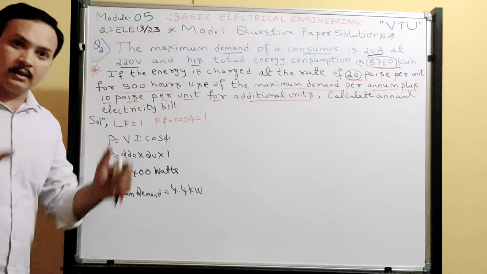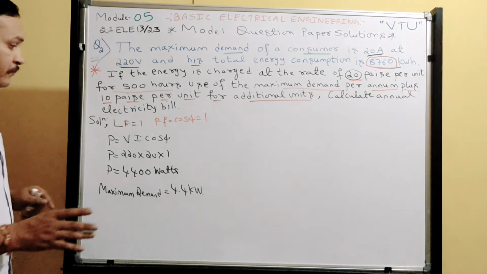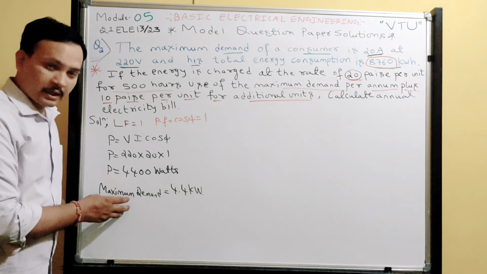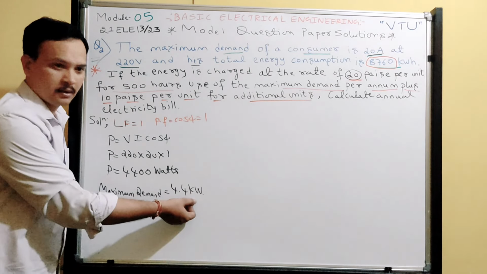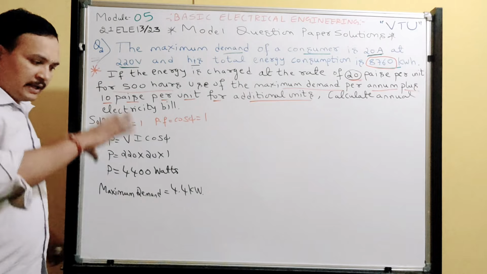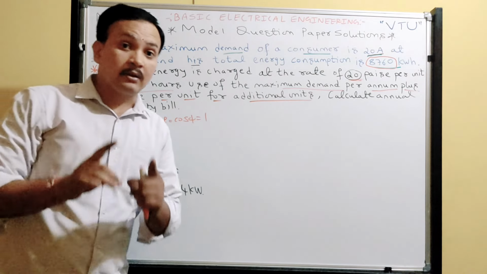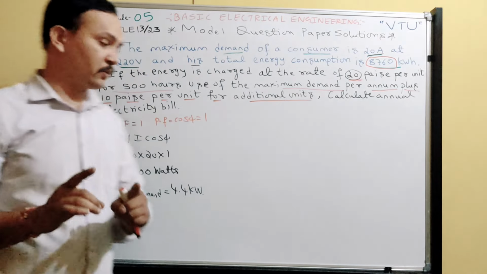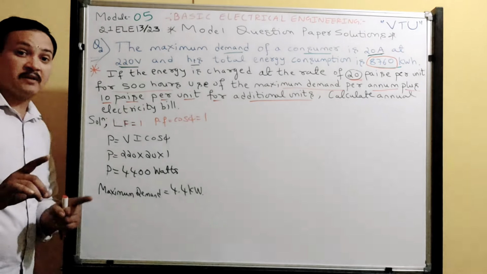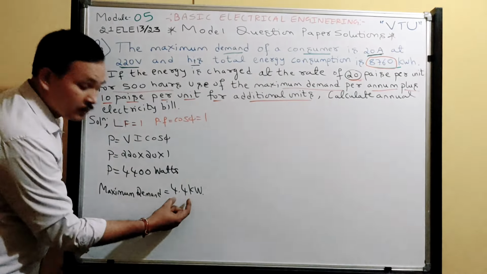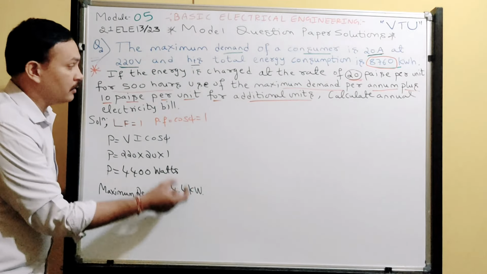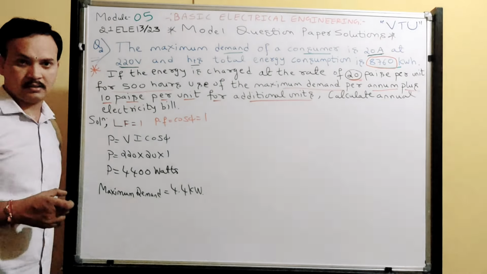In the entire year, the consumer is consuming the maximum demand of 4.4 kilowatt. See, in the entire year there will be 8760 hours. In that 8760 hours, the consumer is consuming this maximum demand for 500 hours.